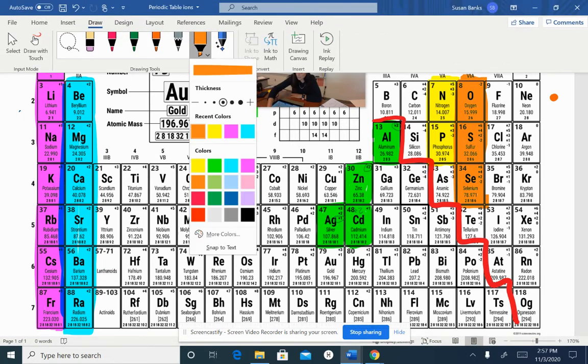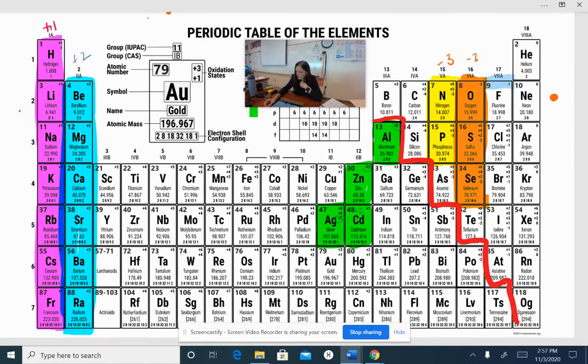And last but not least, let's get yet another color here. Let's do this baby blue. The halogens, astatine is considered a nonmetal. We don't really have metalloids down there.